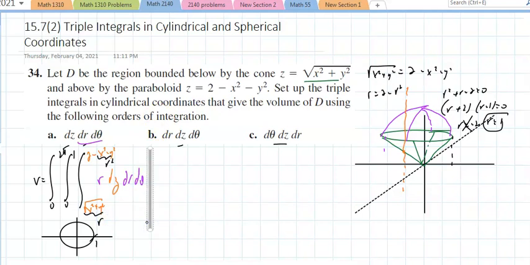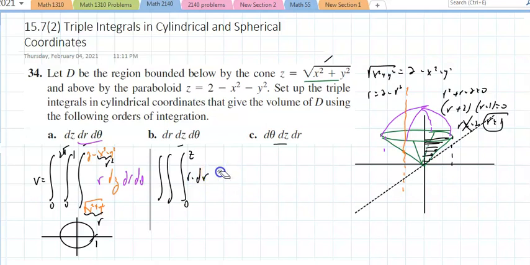B, I'm looking in the direction of r. In the direction of r, so if I write the triple integral, well, that's going to be a problem, because r is going to run from the origin, and it's going to terminate on r equals z, and r dr d theta.